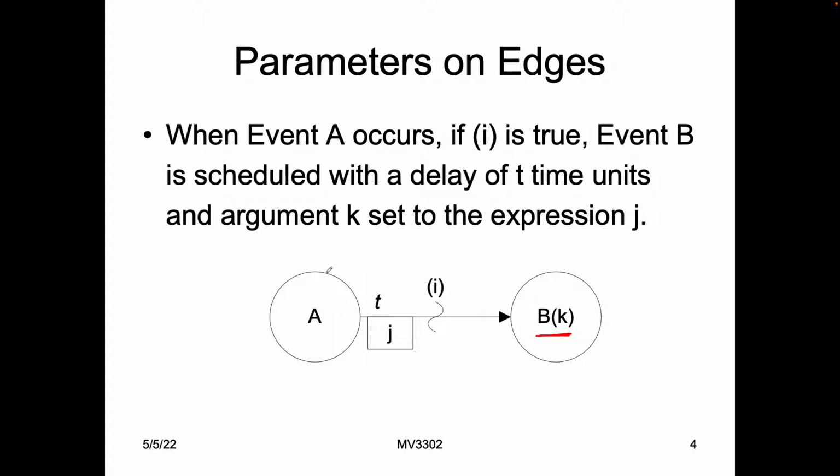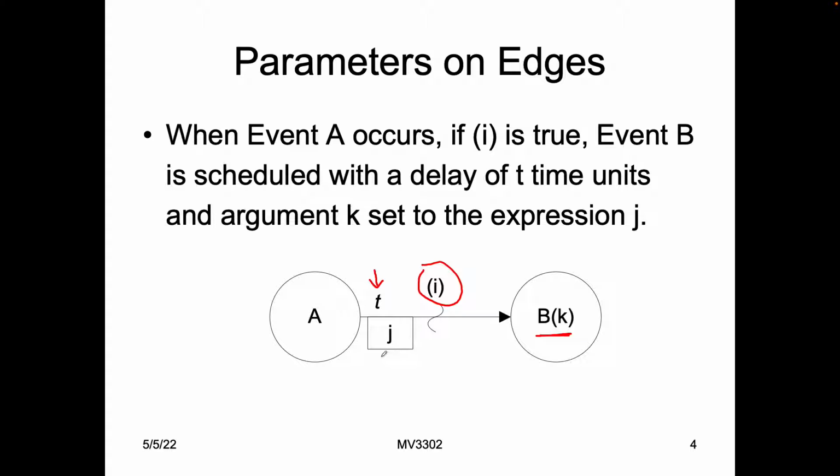So when event A occurs, again, we have the Boolean condition. If it's true, then we schedule event B with a delay specified by the time on the edge. And again, if the Boolean condition is left off, it defaults to true. If the time is left off, it defaults to 0.